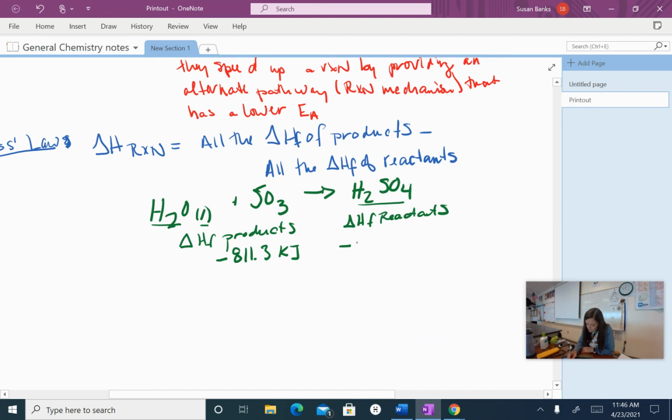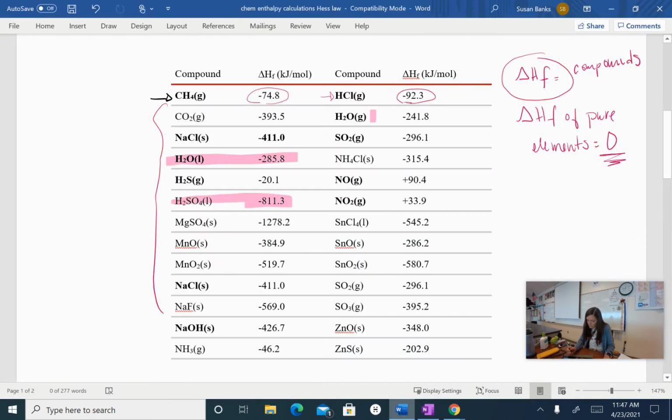So negative 285.8 kilojoules for that. And we're going to put parentheses here. And we also have sulfur trioxide. So let's look at sulfur trioxide. So sulfur trioxide right here, negative 395.2 kilojoules.